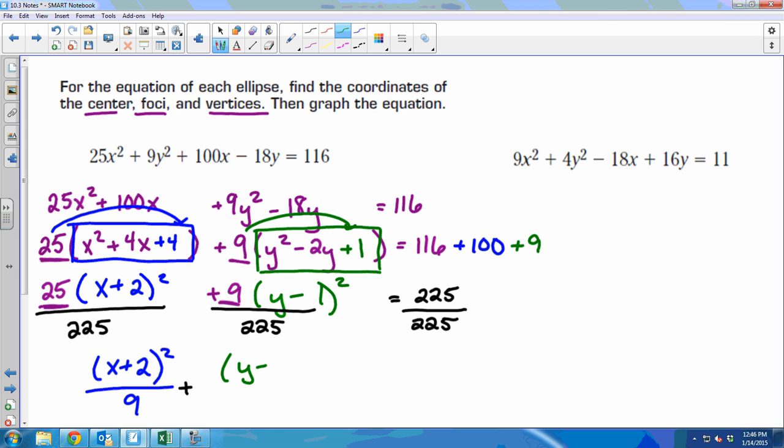So you have y minus 1 squared over 25. And that equals 1. And so there's your equation. That's where we started yesterday.